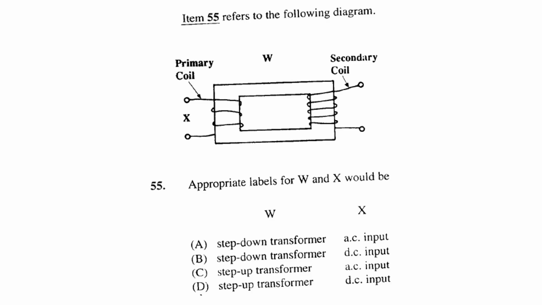Well, X, what is that going to be? AC input or DC input? It's not going to be a DC input, because transformers are for stepping up voltage, and that only happens when you have a changing magnetic field, which is only produced by alternating current. So the answer is C.